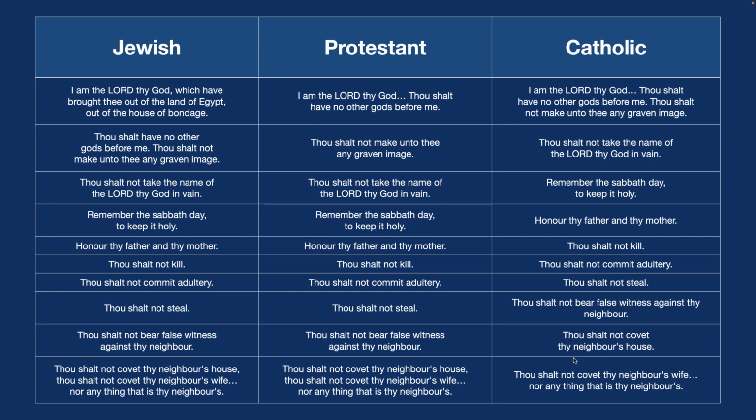Now that they have split it, what they're doing is that the remember the Sabbath day and to keep it holy becomes the third commandment instead of the fourth commandment as in Jewish and Protestant systems. So we've moved it one above here in the Catholic system.